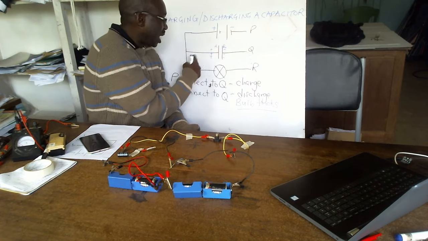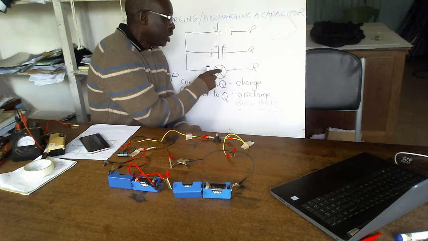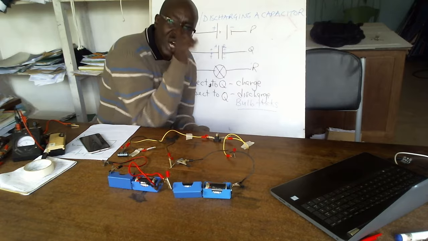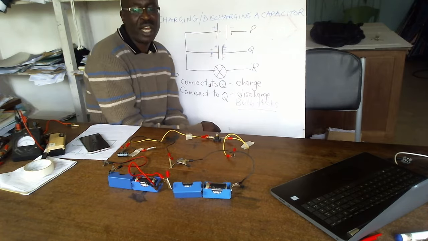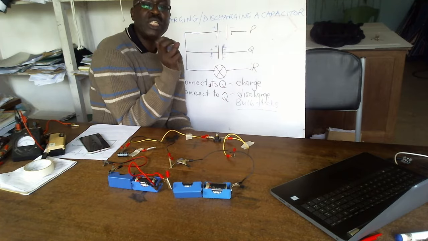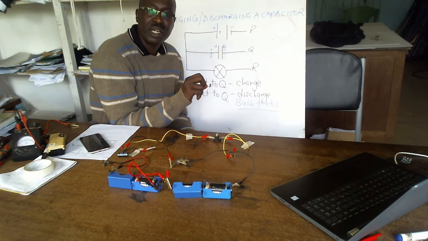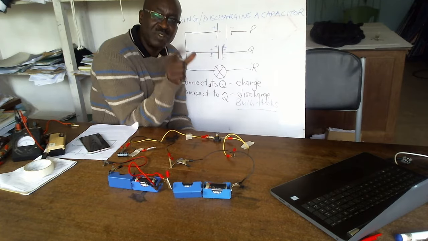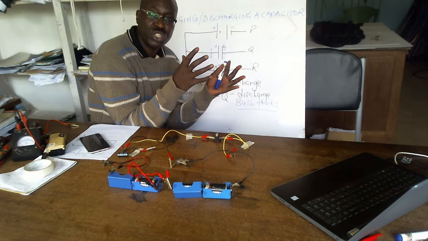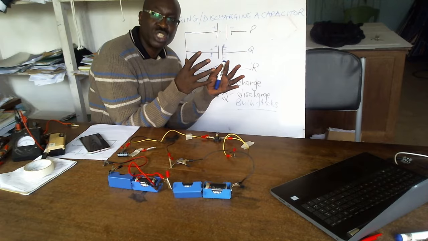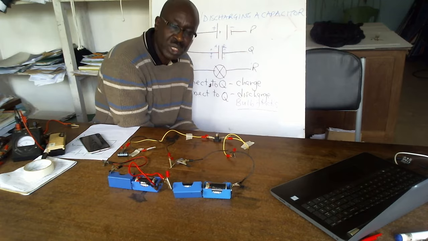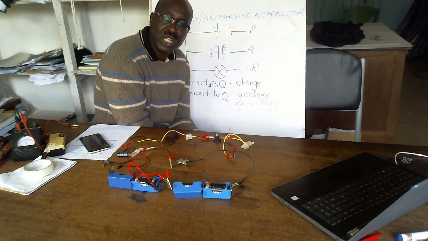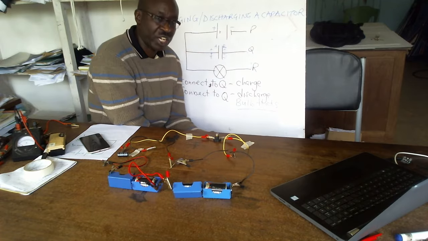So as the charge flows here, this bulb will show us there is something that passed there. You will see the bulb flicking because it is for a very short time. It will not light continuously because the process is just in microseconds.